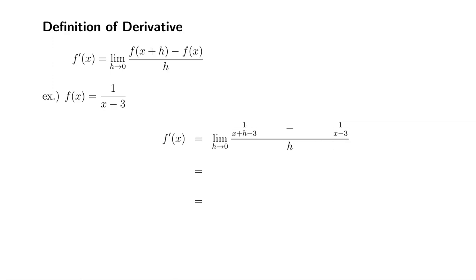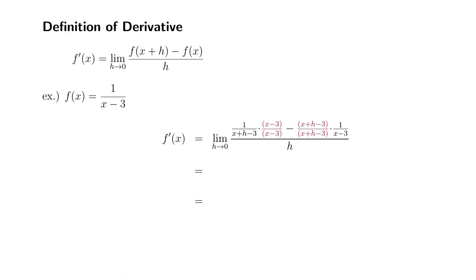And then we do the same thing, except that you have to multiply top and bottom by x plus h minus 3. This way, we have a common denominator.